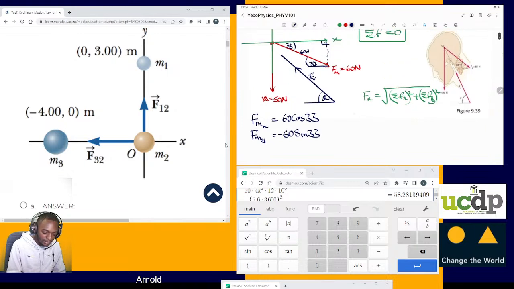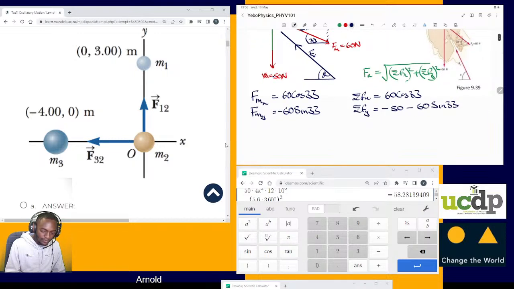Now let's find the sum of forces. Sum of forces in the X is only 60 cos 33. Then the summation of forces in the Y is equal to negative 50 minus 60 sine 33, which is the same as negative 50 plus 60 sine 33.